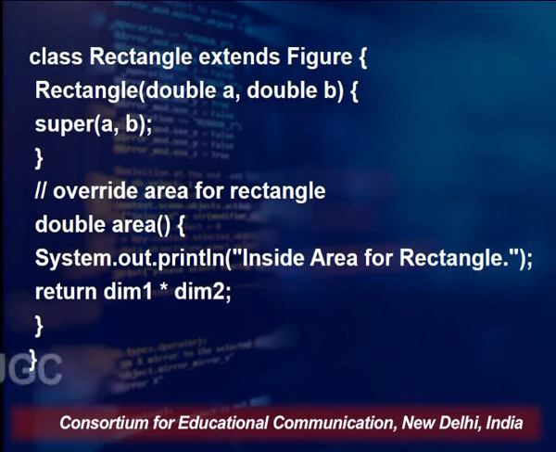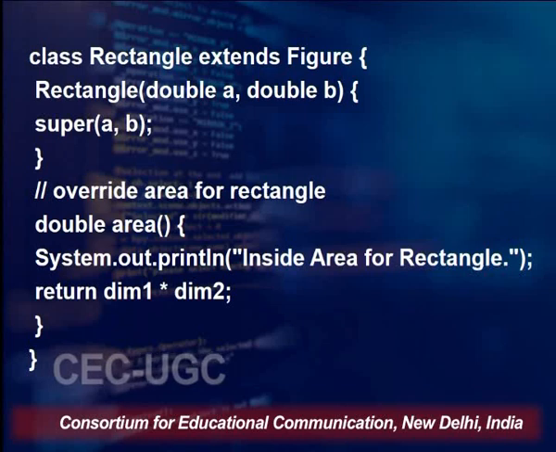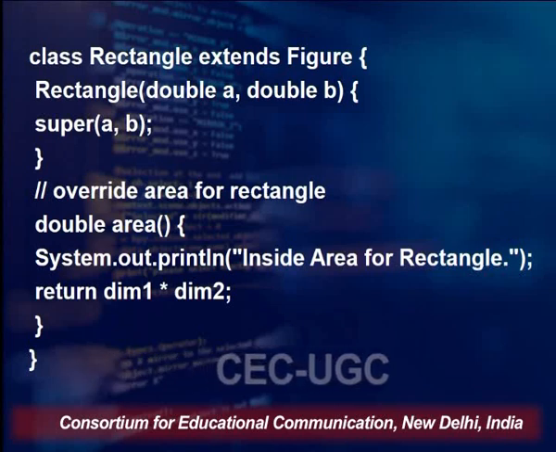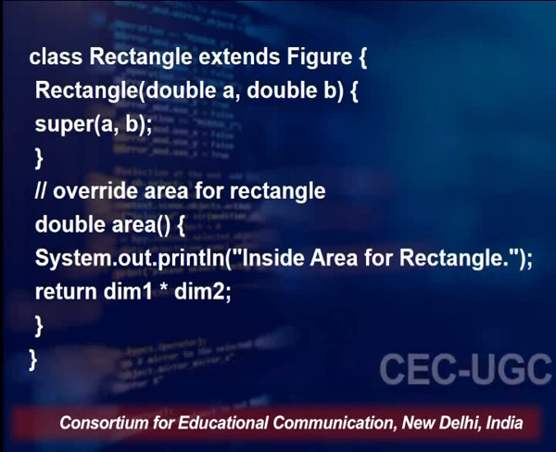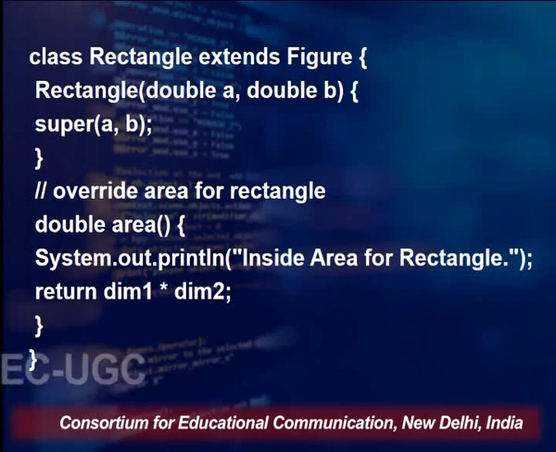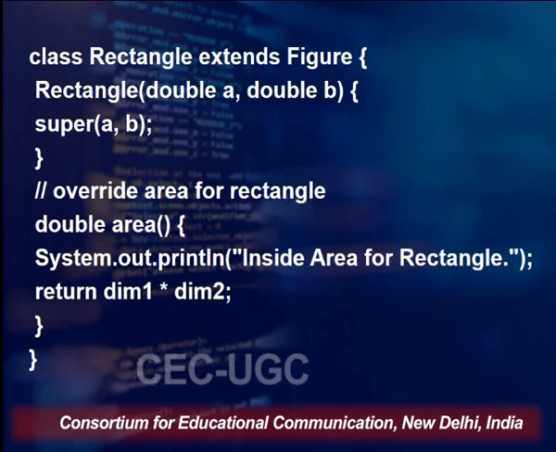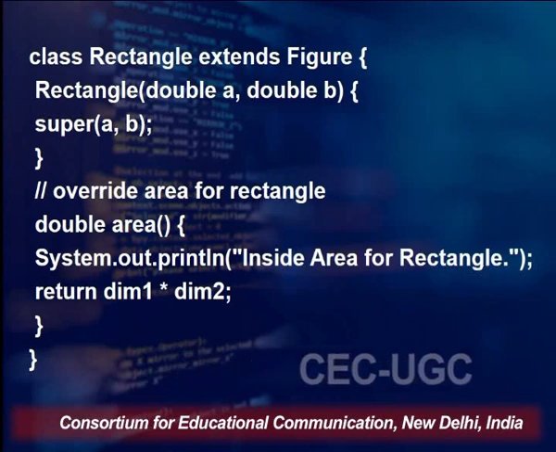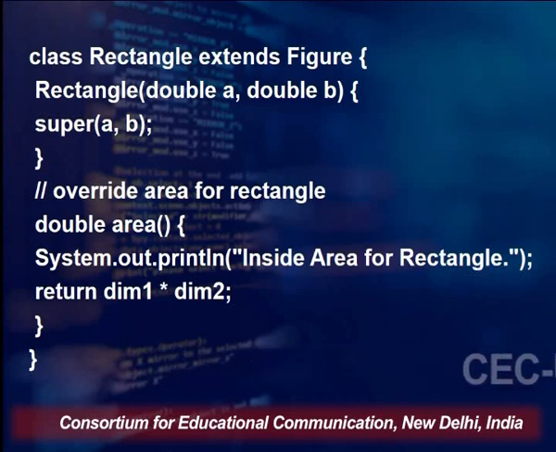Then it must provide the implementation for area. So double area, and the implementation is provided as inside area for Rectangle, returning dimension1 multiplied by dimension2, which is the area of the rectangle.